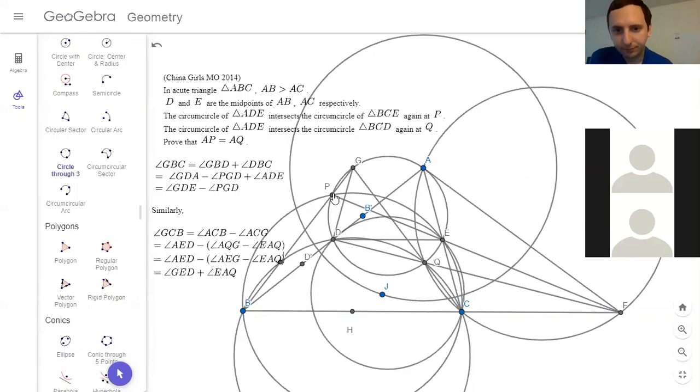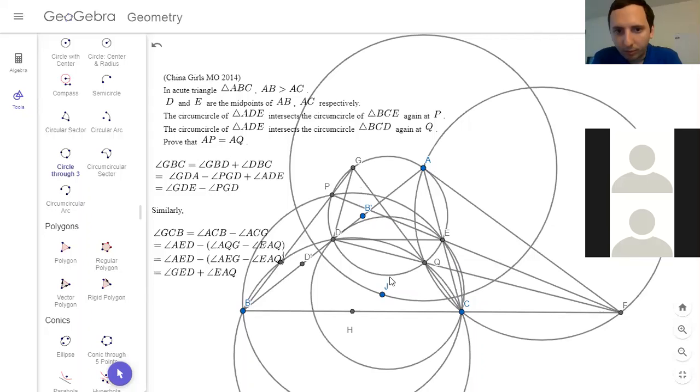But after the inversion, the circumcircle of ADE transfers to the line BC. Yeah, the line BC. So it would be where BC intersects the circumcircle of, let's see, so BEC goes to DEC. Yeah, as P1.